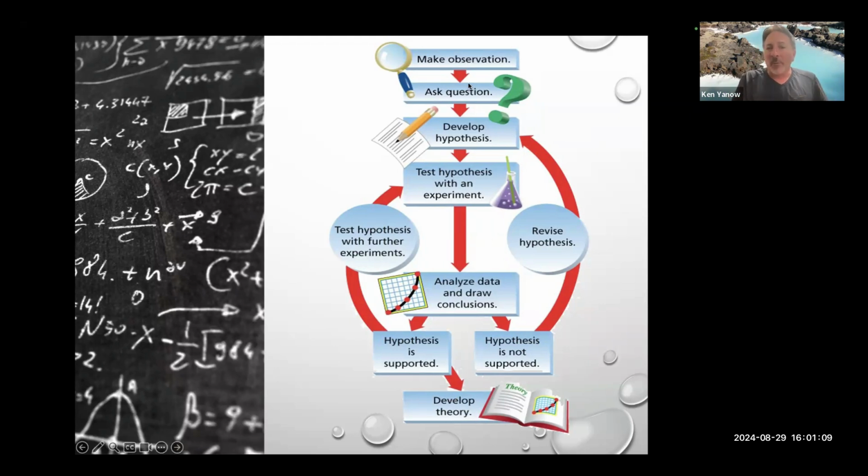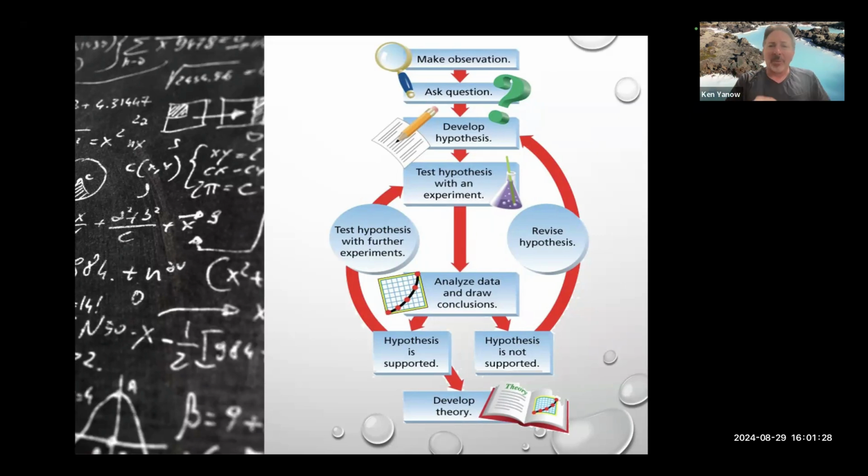You don't go from the top to the bottom and skip the middle. You can't do that. So science is robust, it's rigorous, it's difficult to come up with a conclusion because you definitely have to go through a series of steps in order to get to your theory.